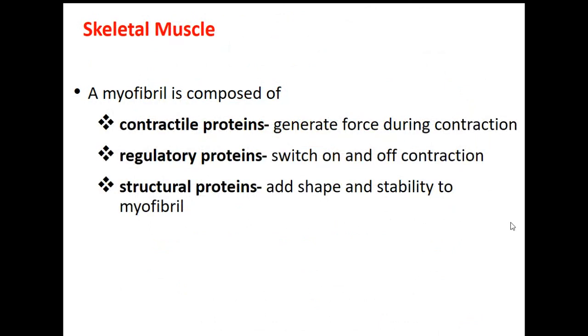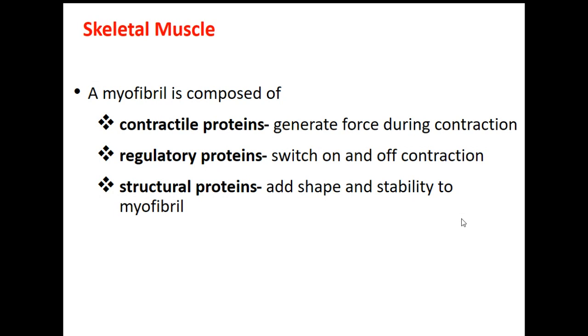We said the myosin and actin of the thick and thin filaments are called the contractile proteins. But there are also a couple of kinds of proteins called regulatory proteins that switch the contraction on and off. We'll see how that happens in a minute.